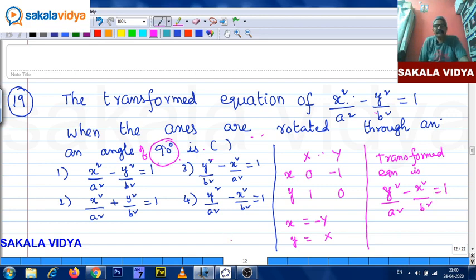So, which is the right option now? Fourth option will be the right option. Okay.